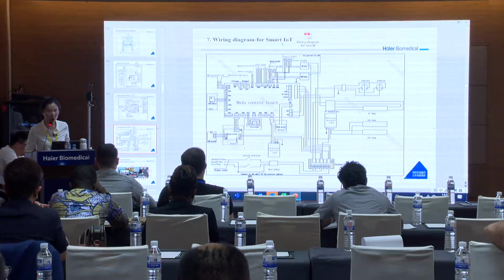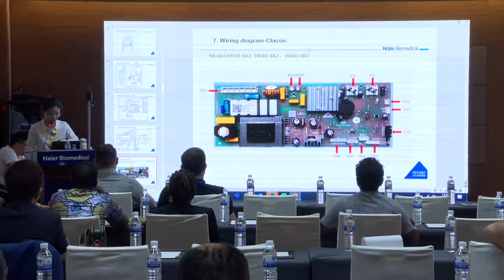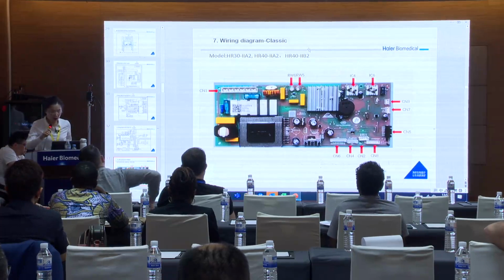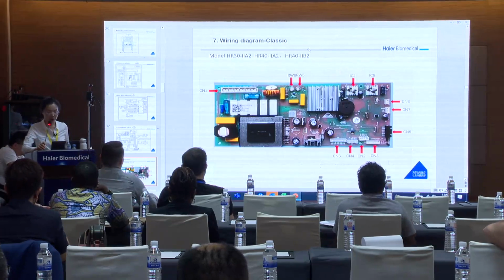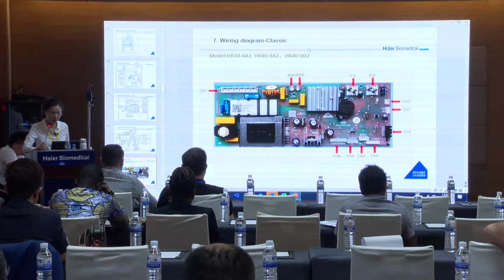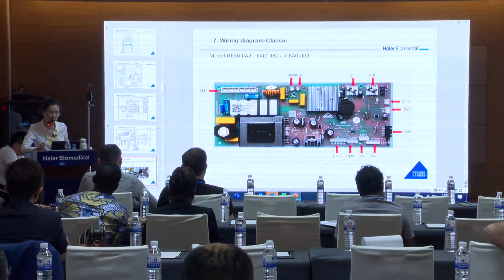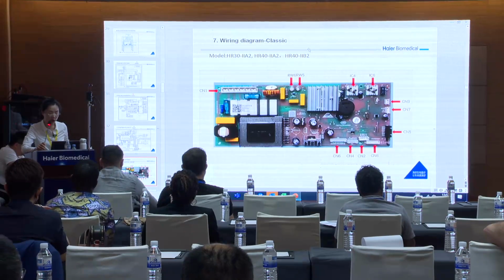And smart ones with touch sequence. Now this part also belongs to the wiring diagram. This is our board. This is for HR, classic HR 30, 40, and 40 B2.